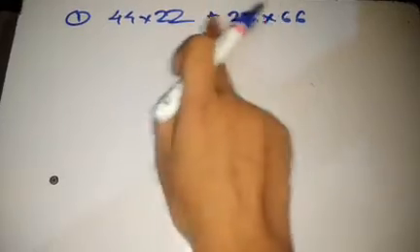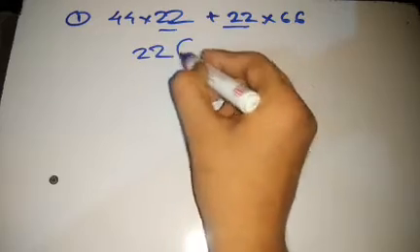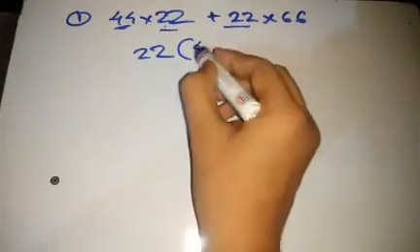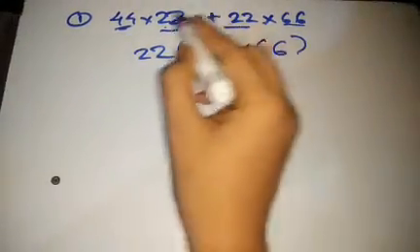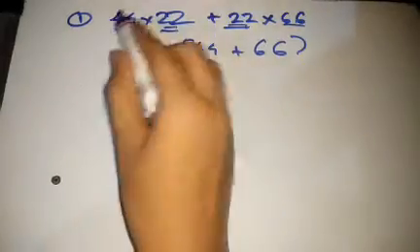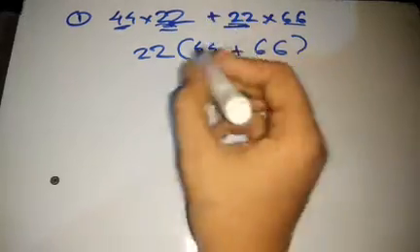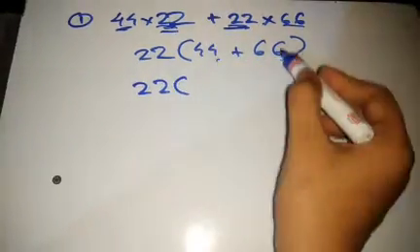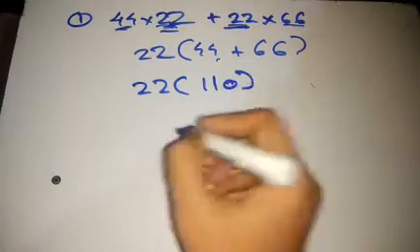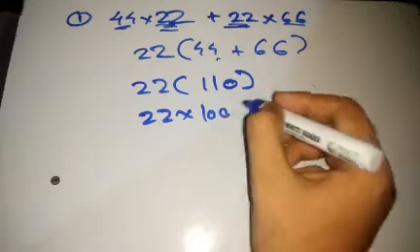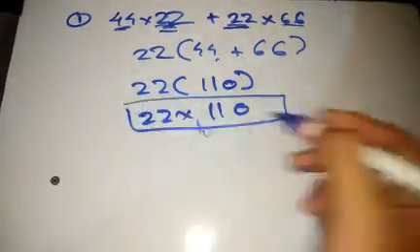If you see something common in such numbers, take that common thing outside and put this value here and this value here. You have to take that common thing outside and put these values inside. If there is some common number in multiplication on both sides, then 22, 44 plus 66 is 110. You can now simply multiply this 22 into 110. This is some another trick.